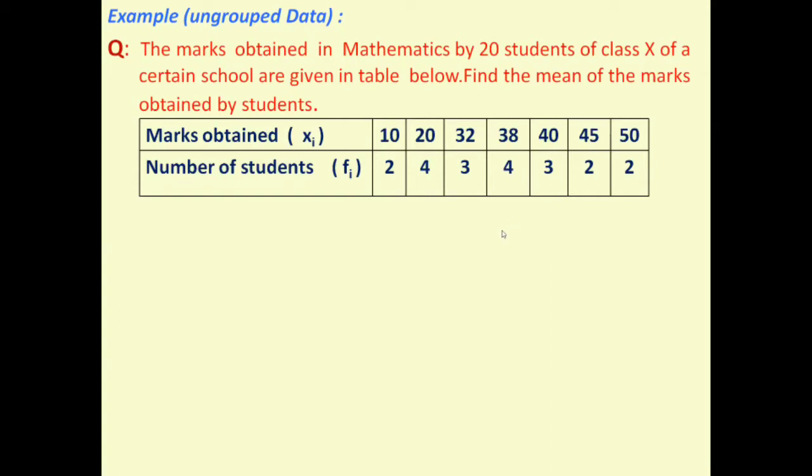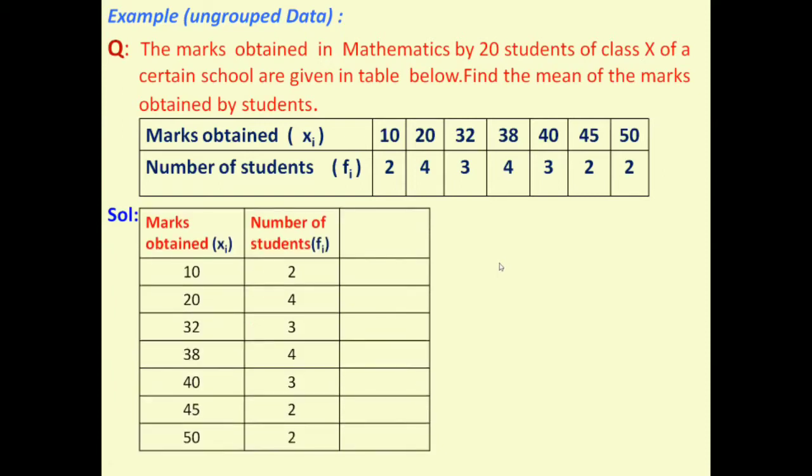Here this data is in horizontal form. In the solution, we are going to write it in vertical form. Here I have taken one extra column. We have taken the values of marks obtained as they are in the first column, and the number of students in the second column.